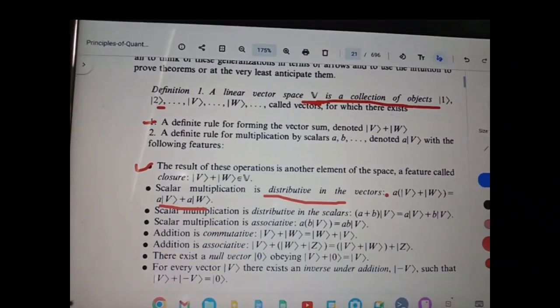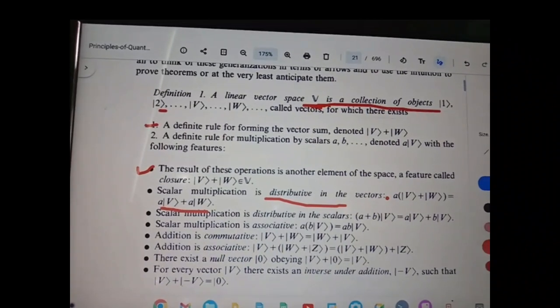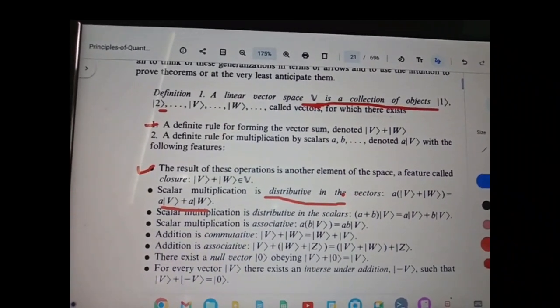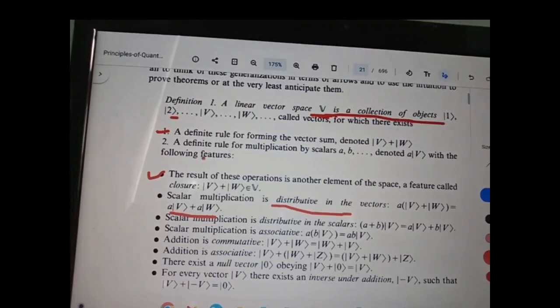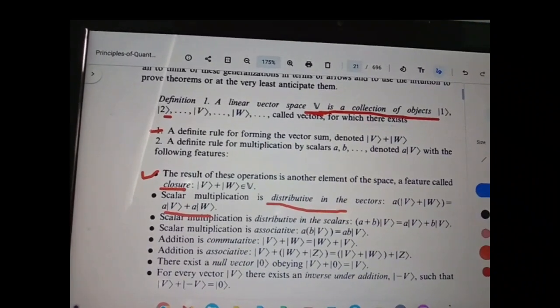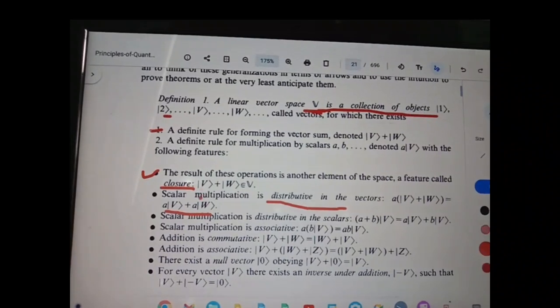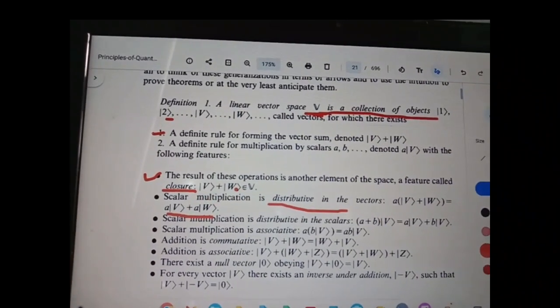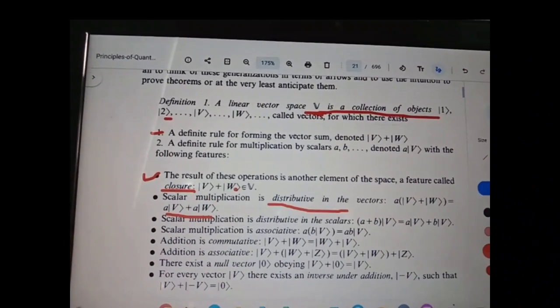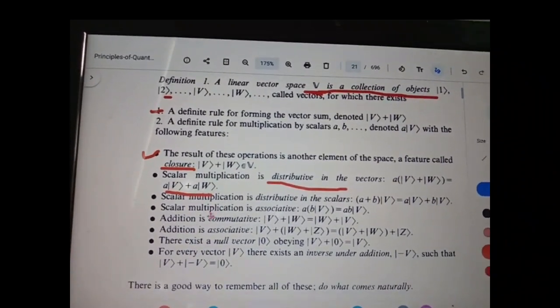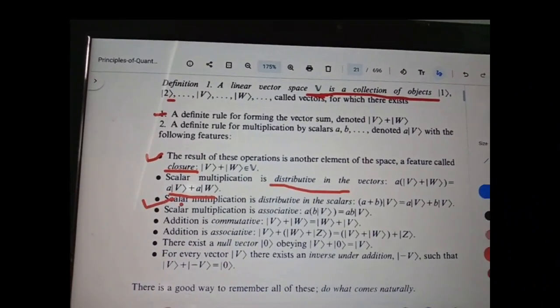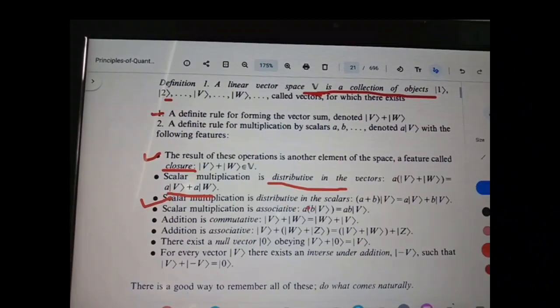So we have seen that the linear vector space follows the distributive property, and it also follows the closure property. What is the closure property? If we add two linear vector spaces, then the answer will also belong to a linear vector space. Also, the scalar multiplication is distributed over the scalars.